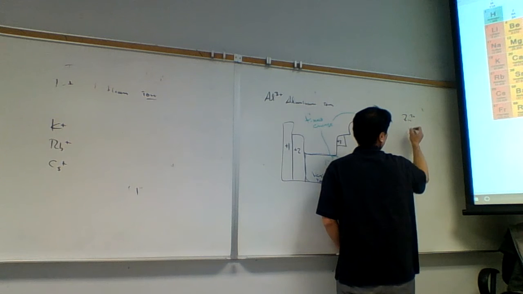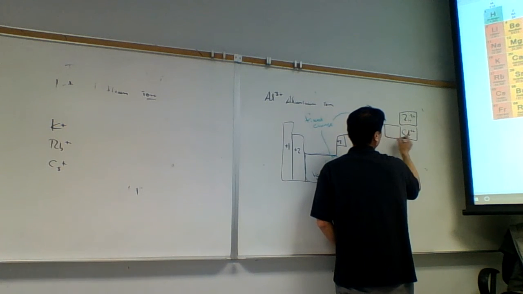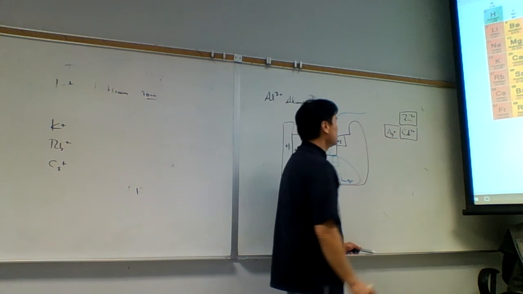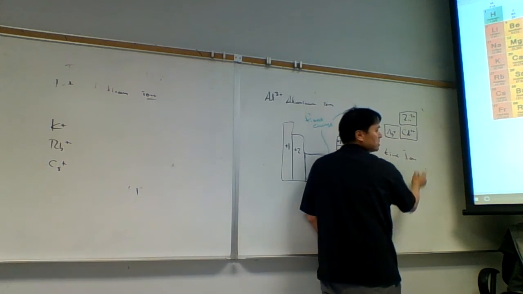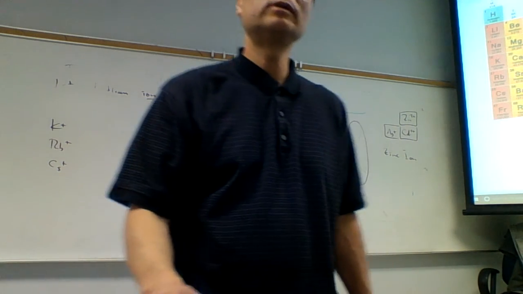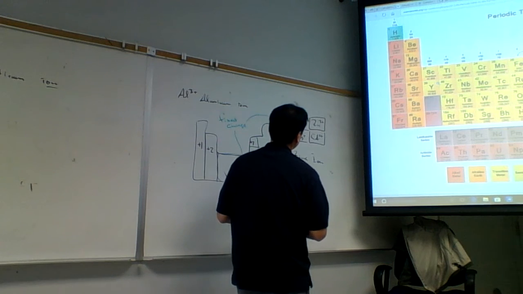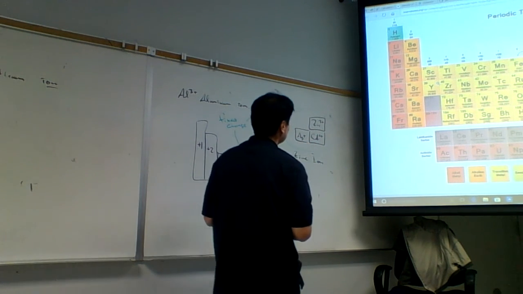Zinc is always 2+. Cadmium is always 2+, and silver is always +1. And so here, when I'm talking about the zinc ion, there's no confusion. There's only one zinc ion, and that zinc ion is 2+. So we don't need the Roman numeral for zinc. It's always 2+. Silver ion is always +1, and cadmium is always +2.